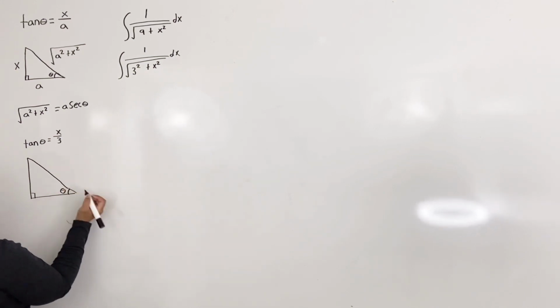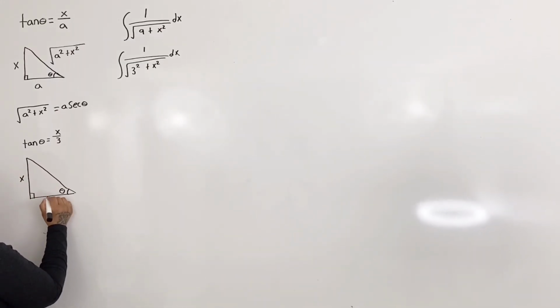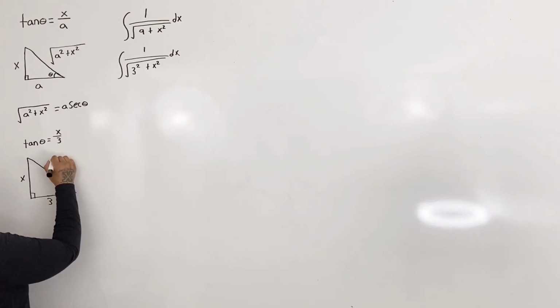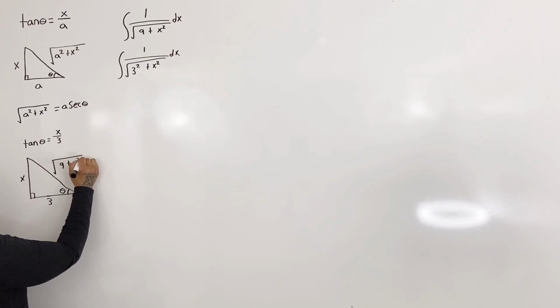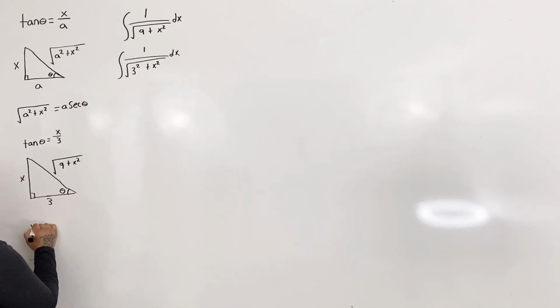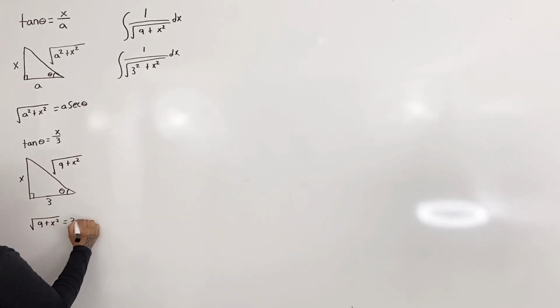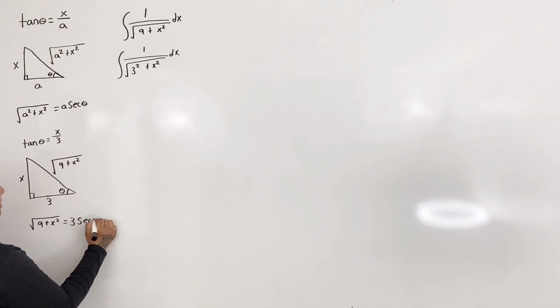Okay, so we have x here, and we have 3 here, and we have the square root of 9 plus x squared. And if I want to go ahead and just use this equation here, that is going to be the square root of 9 plus x squared is equal to 3 secant theta.